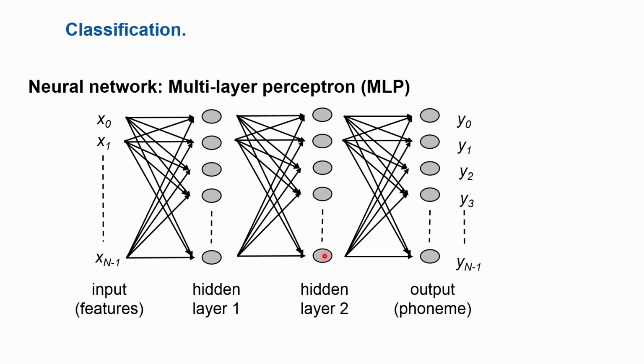So in this example, we have the input features here, and we have a number of perceptrons organized in two different so-called hidden layers in the middle, and then we have a number of phonemes in the output layer. This number of phonemes can correspond to the number of sounds, but because of binary coding of those, we may even deal with a smaller number of perceptrons on that particular output layer.